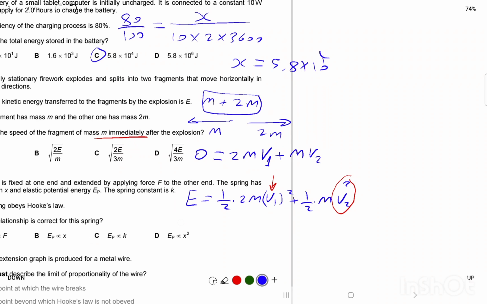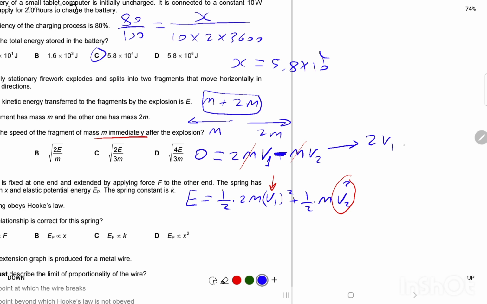So let's see what we can do. From this equation, we can conclude that if you cancel the m, because you can divide by m on all sides, so you can cancel m. So you got 2v1. Of course, here the sign must be minus because they are in opposite directions.